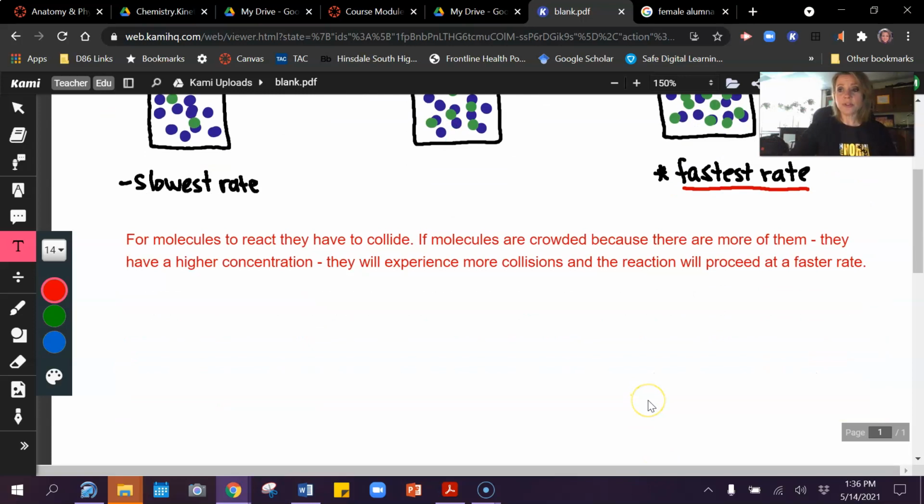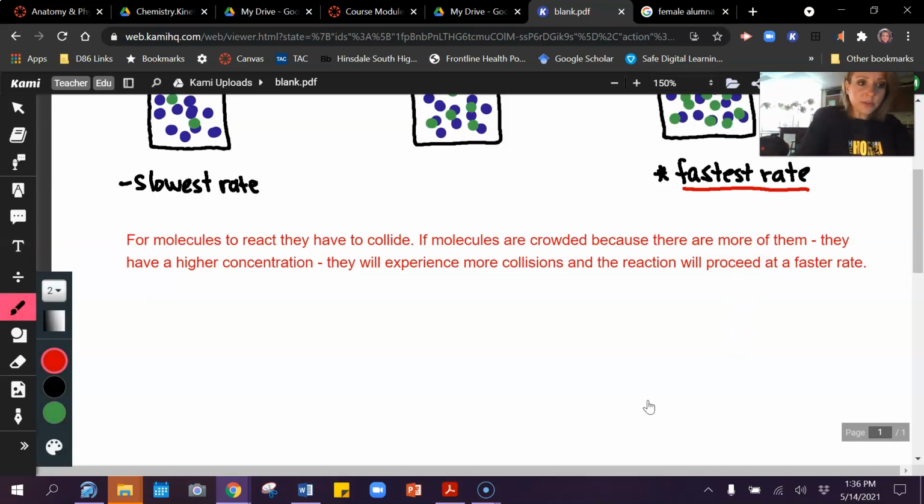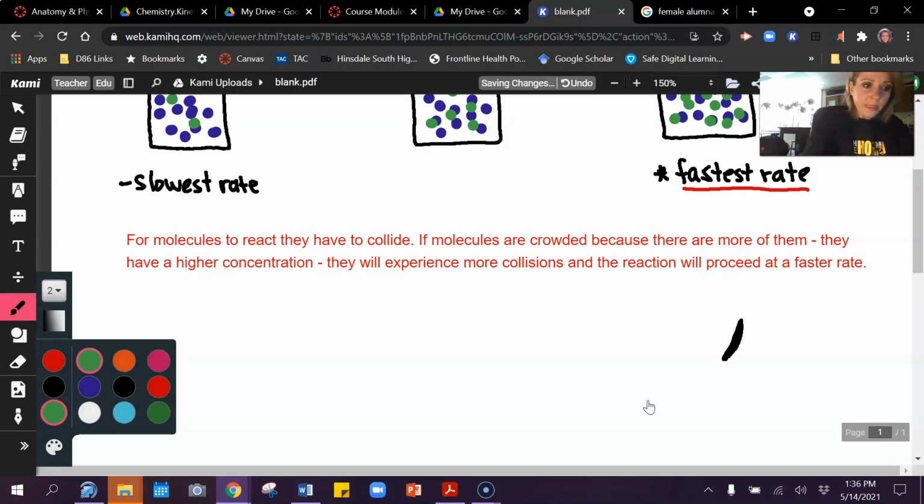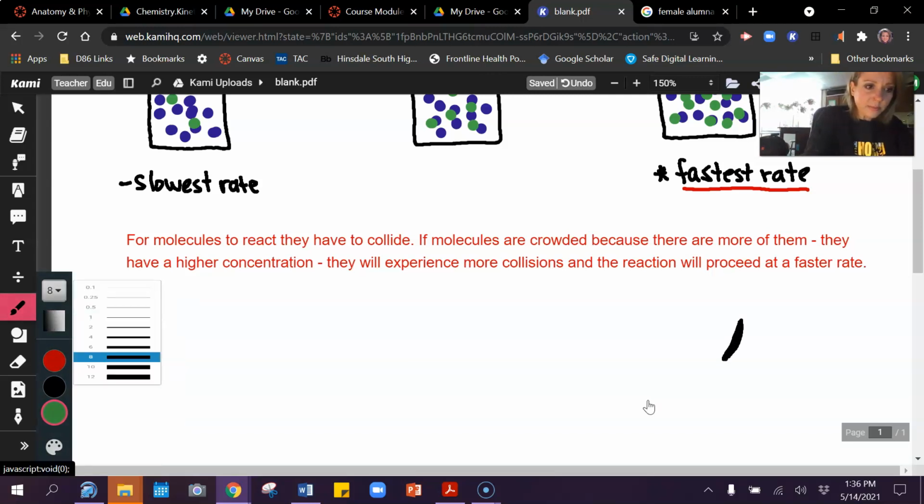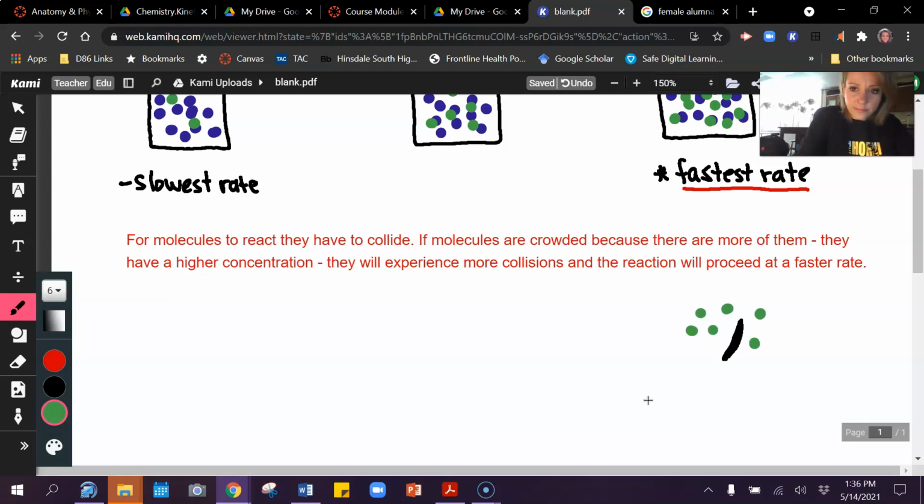And so if I were to depict that with my magnesium metal, let me just draw that out here. So here's my magnesium metal, and I'll have, again, my green dots for my hydrochloric acid.